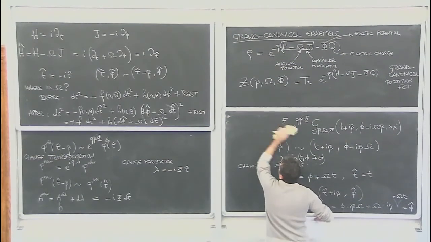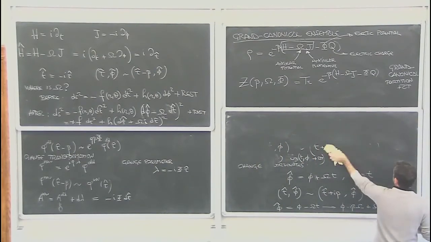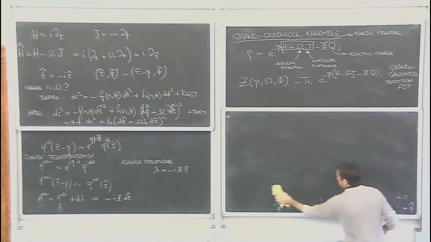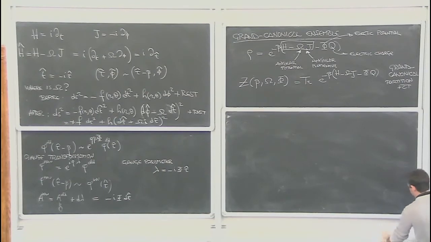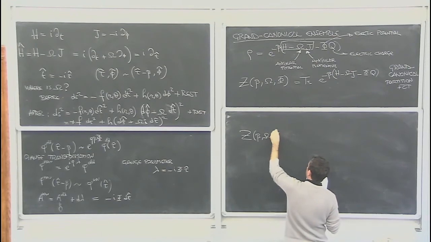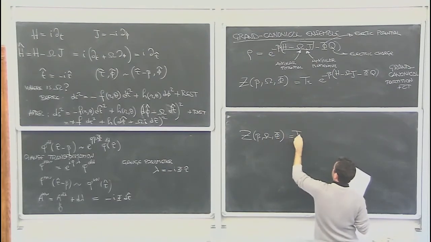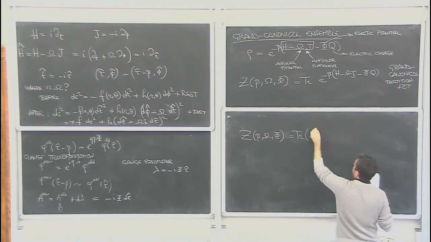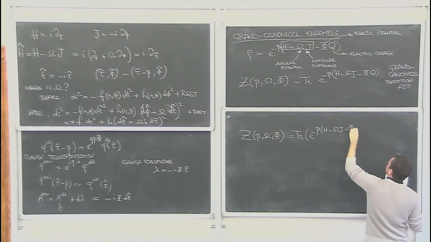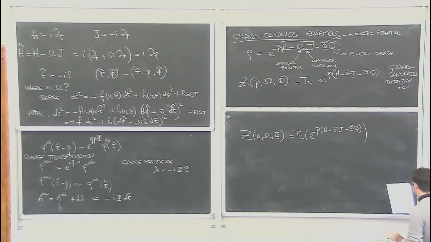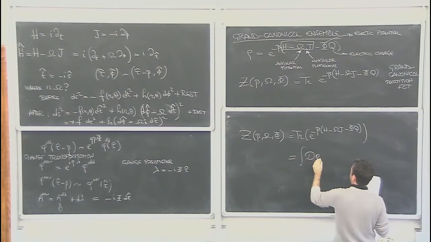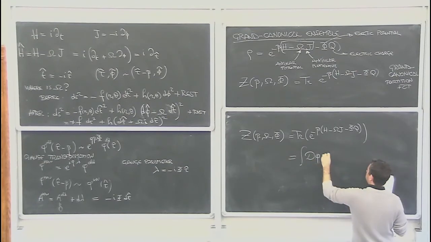I can erase this. So the final statement is that I can summarize all this in the path integral approach in the grand canonical partition function, which will be the partition function Z of beta, omega, phi, which is the one we have defined up there, beta (H minus omega J minus phi Q), which is also the same in the path integral as simply this path integral.